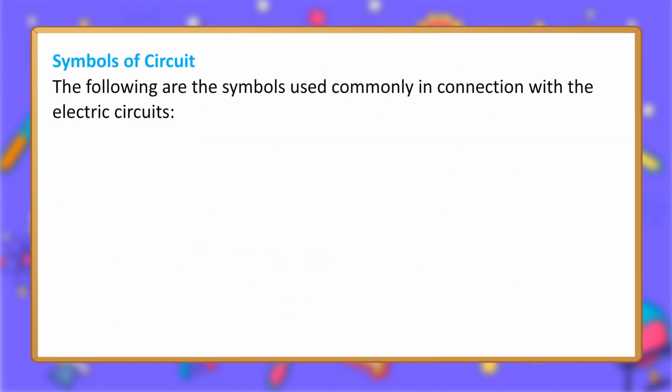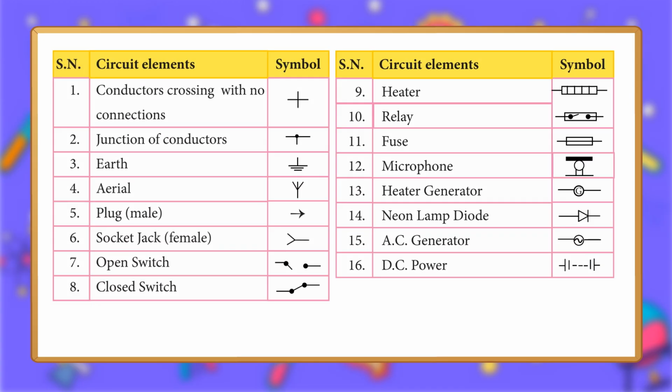Symbols of circuit. The following are the symbols used commonly in connection with the electric circuit. Serial number, circuit elements, symbol. 1. Conductors crossing with no connections. 2. Junction of conductors. 3. Earth. 4. Aerial. 5. Plug, male. 6.